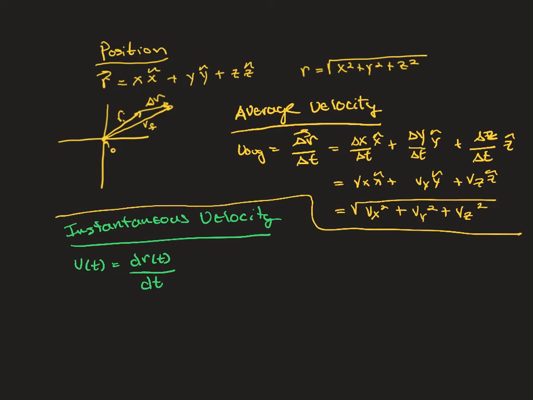So what this r vector is actually going to look like is you'll have, let me write this off to the side here, some x as a function of t in the x hat direction, plus y as a function of t in the y hat direction, plus z as a function of t in the z hat direction.